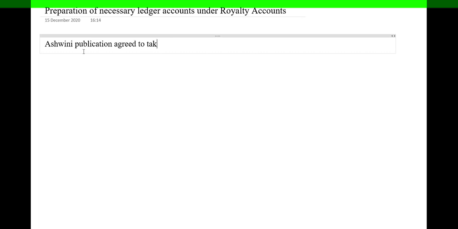Ashwini Publication agreed to take printing and sale of book written by Dr. Shekhar on 1/1/2010.